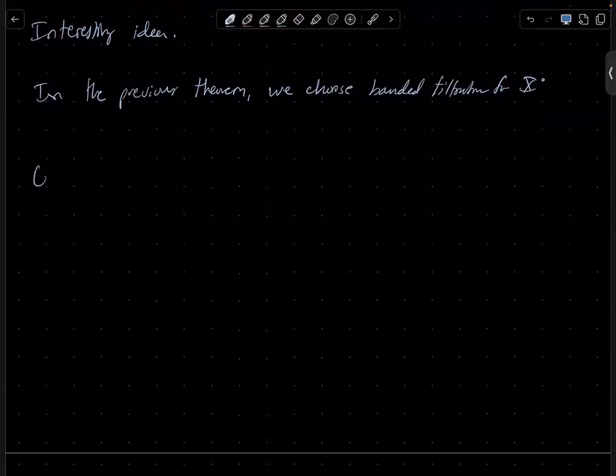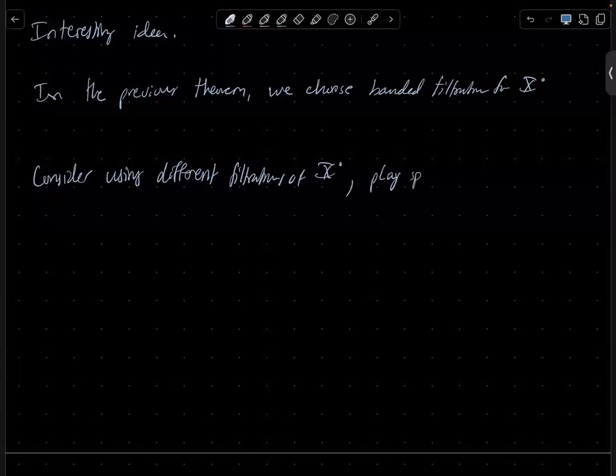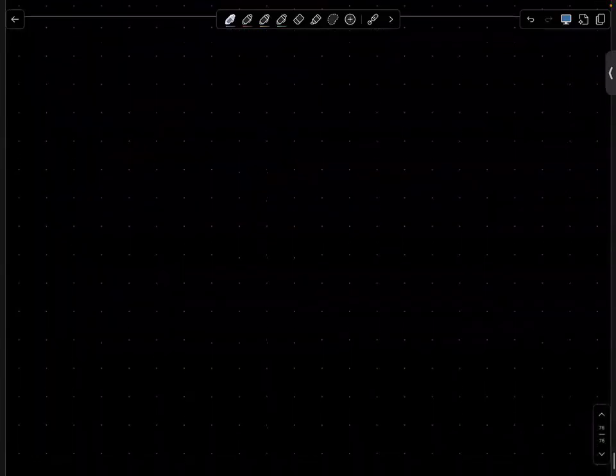Consider using different filtrations of X bullet. And usually what people like to say is that you play the spectral sequences against each other. And maybe something clever will pop out, something curious.